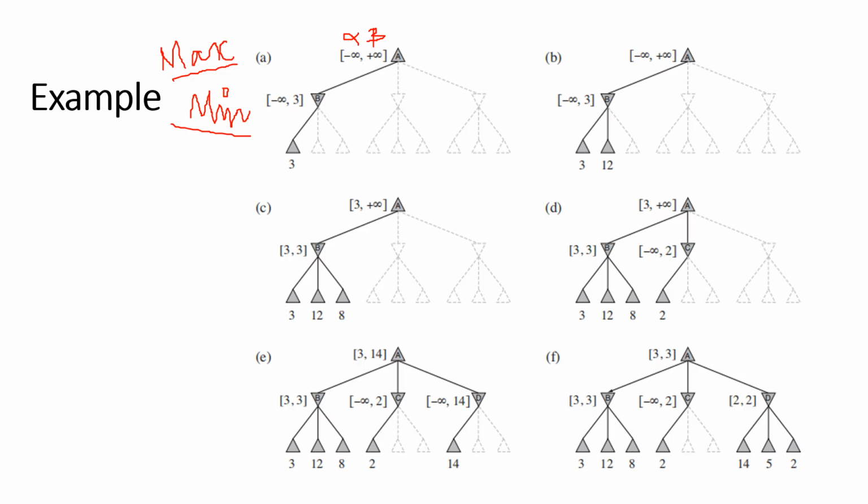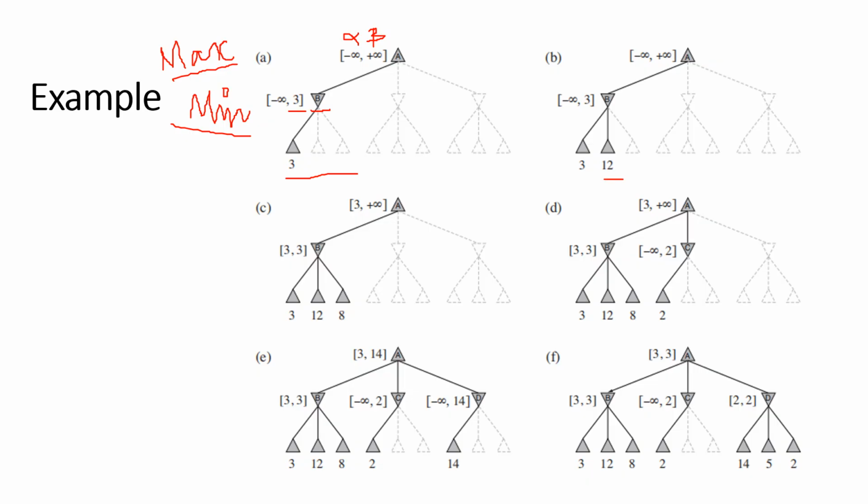At node B, this is the min node, so it will consider its leaf nodes. The first leaf node has the value 3, and this will be compared with beta, and we will choose the minimum value. So plus infinity and 3, which one is minimum? 3 is minimum, so here beta is updated to 3. Next, you can see the next child leaf node of B is 12.